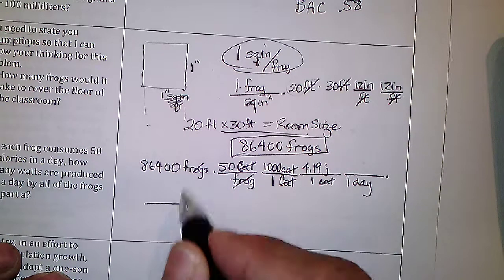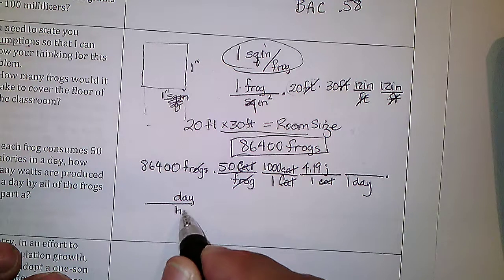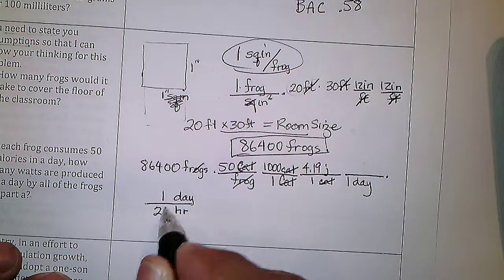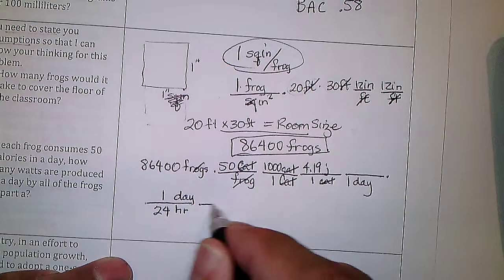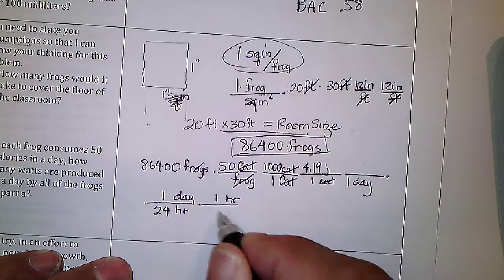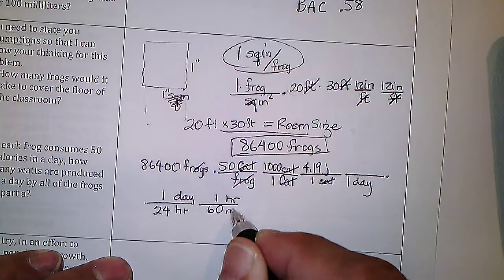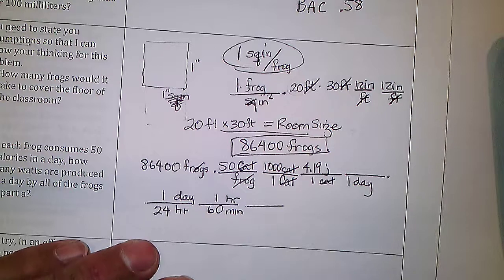continuing on here, a day in the numerator can be broken up into hours, 24 hours. Well, we're not into seconds yet. And hours needs to go, and that'll be 60 minutes. And we're still not in seconds.